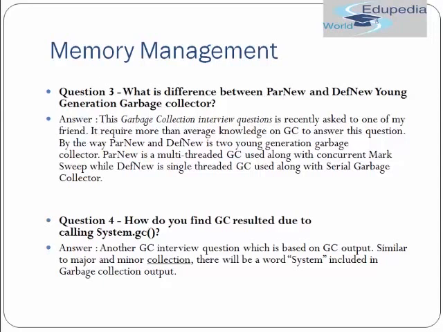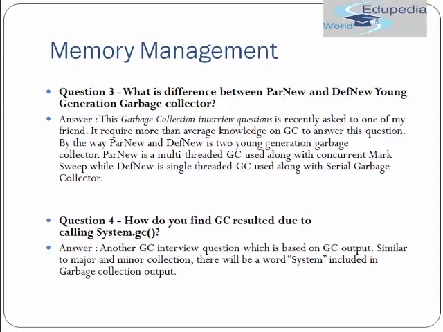ParNew is a multi-threaded GC used along with concurrent mark and sweep, while DefNew is a single-threaded GC used along with the serial garbage collector. So these are the two methodologies, mark and sweep and serial garbage collector, and DefNew is single-threaded whereas ParNew is multi-threaded. If you are interested in learning about these two in detail, you can search on Google.